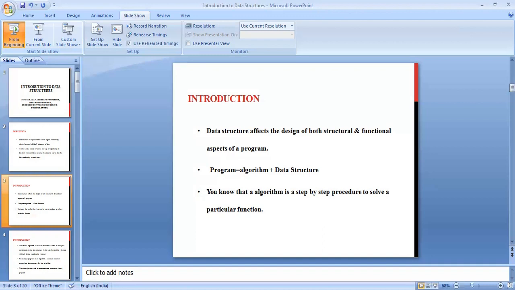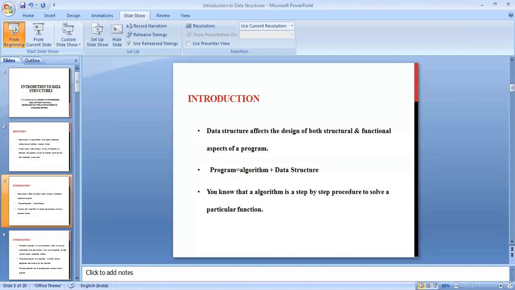That's the thing we will discuss in the next slides. So the last point is, therefore, an algorithm and its associated data structures form a program.